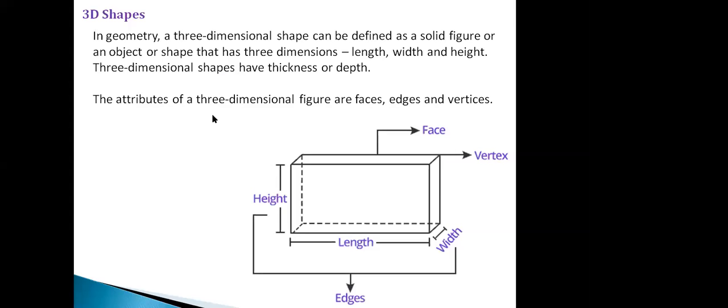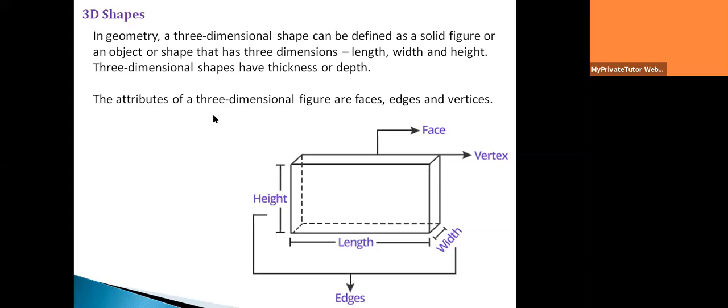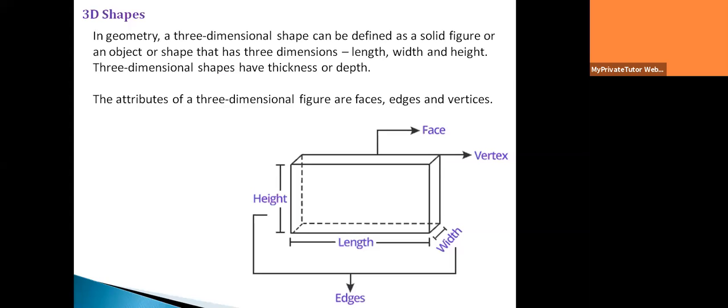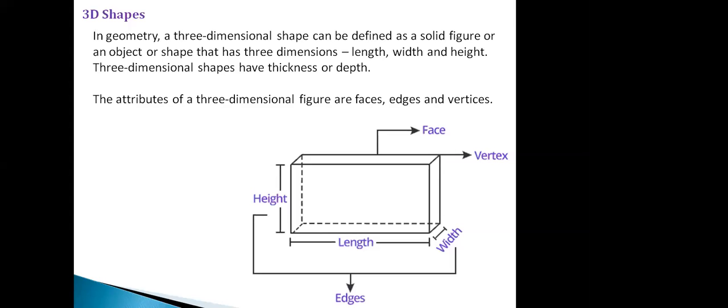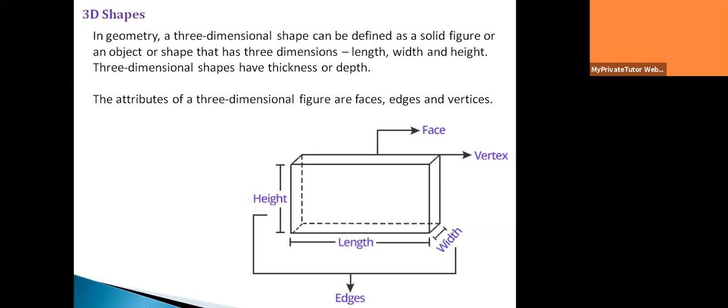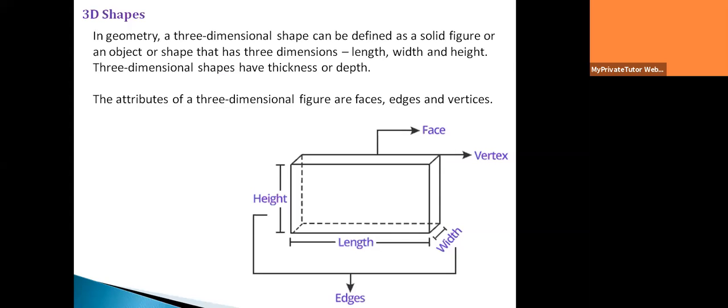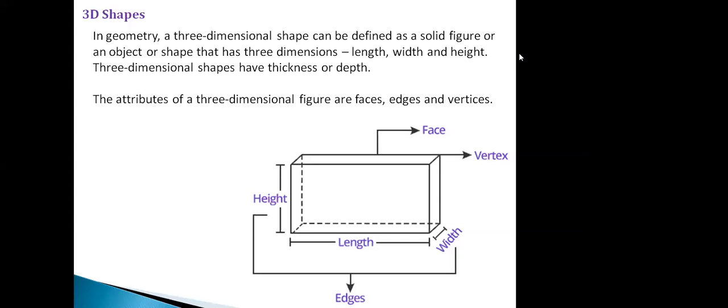Let's start with the basics of 3D shapes. What exactly is it? A three-dimensional shape is defined as a solid figure, an object, like a cylinder. In these shapes we have height, length, and width.